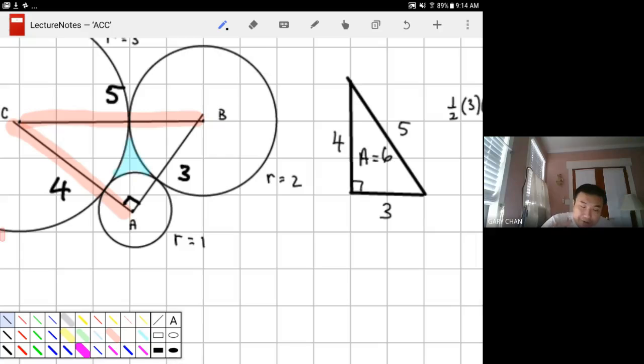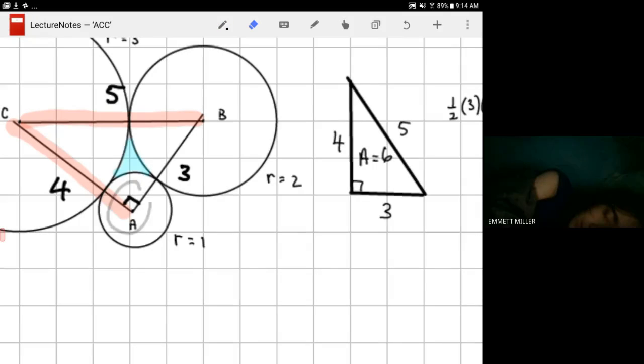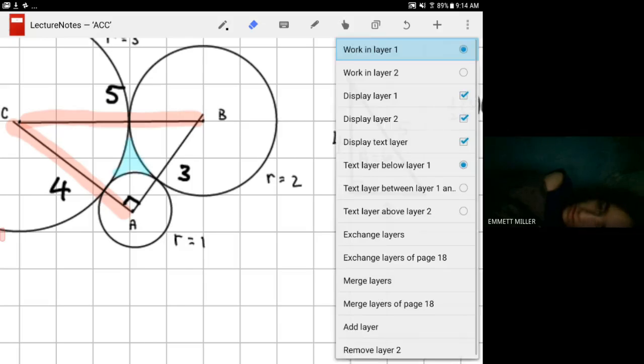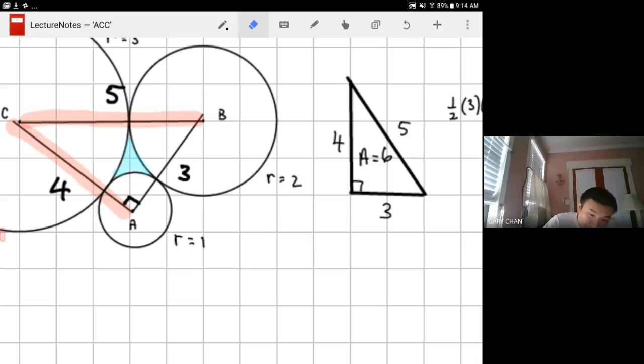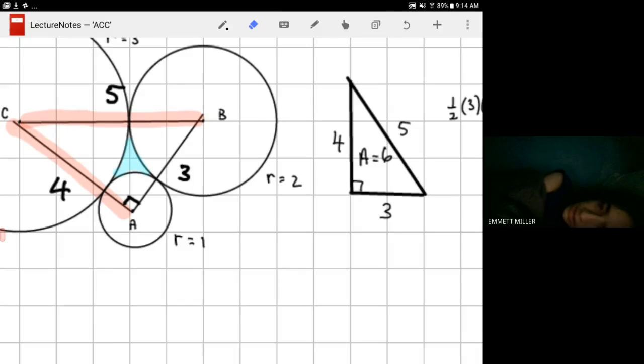How on earth are we going to find the area of the sectors? Well, we need to find the angles of each. No, the sector.